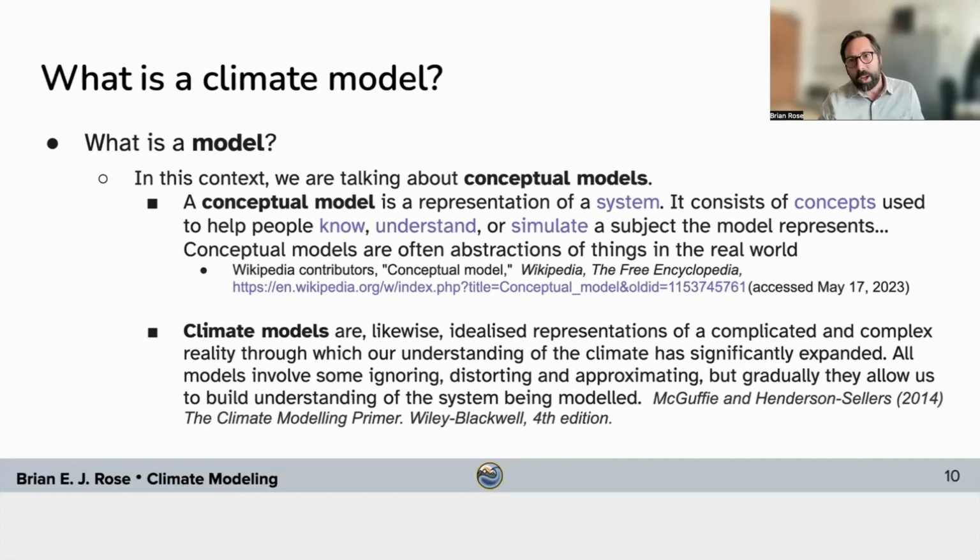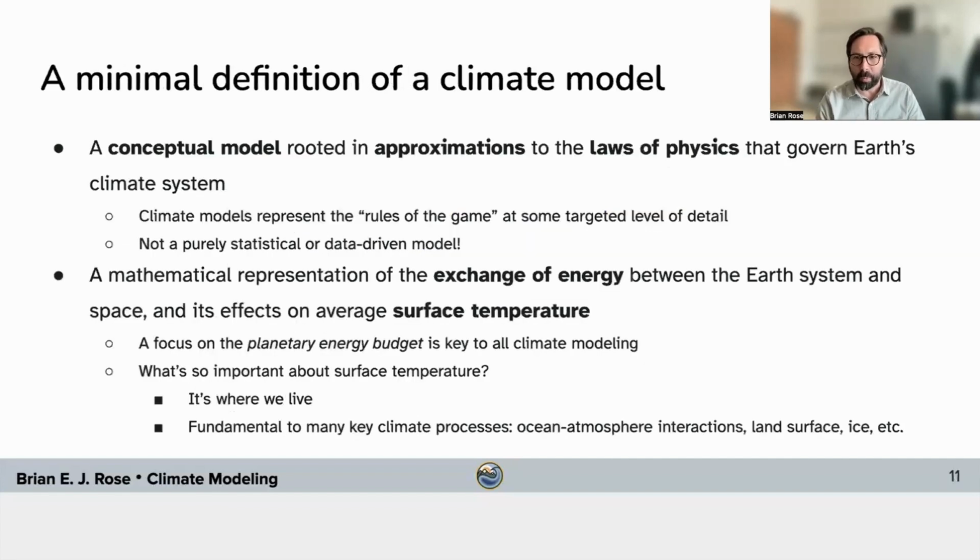But that's not a definition, right? That's a description. I'm going to take a stab at offering a minimal definition of what we mean by a climate model here. A conceptual model rooted in approximations to the laws of physics that govern Earth's climate system. So climate models need to have some representation of the actual rules, like the laws of physics that govern climate, at some level of detail.